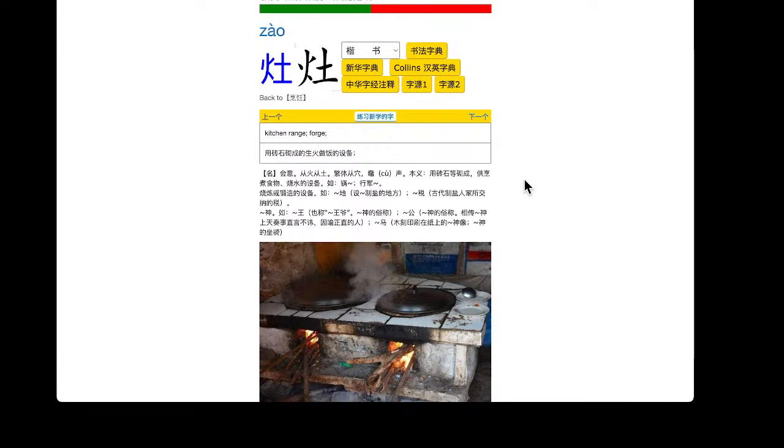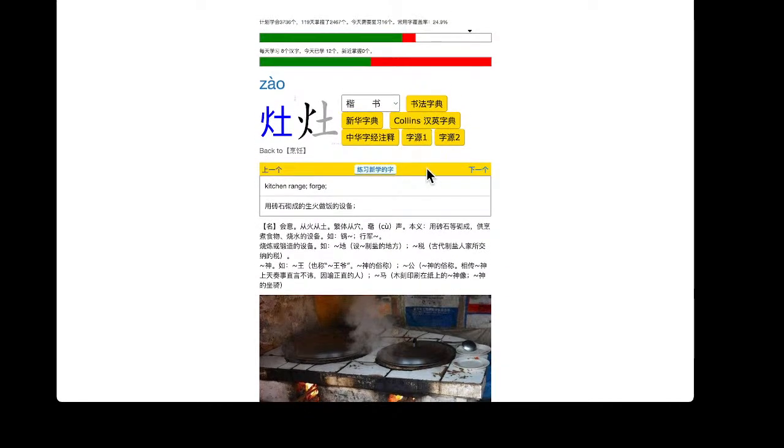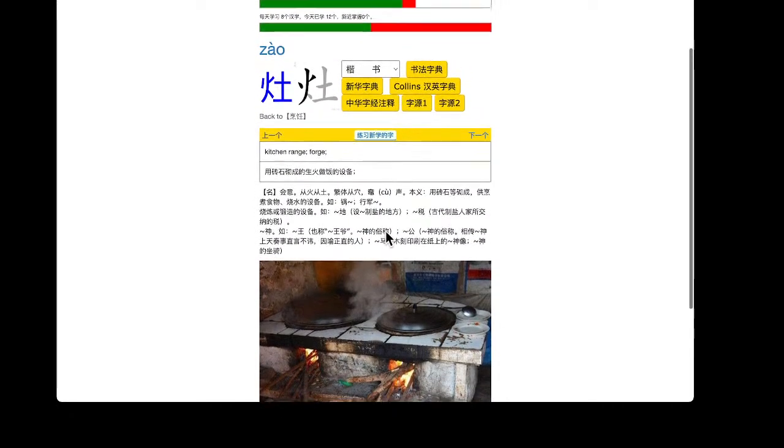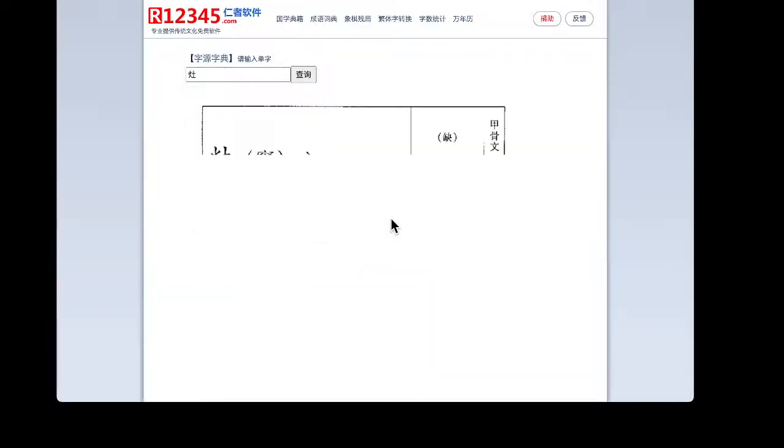So just remember when you say 灶, it's a cooking range, this type of cooking range. Maybe in the Western world you have different traditions, so things might look very different.